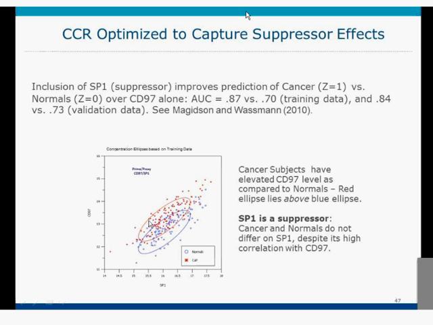So even though you don't know what the value of CD97 was before they got cancer, SP1 is used as a predictor of the previous value of CD97 before they got cancer and used to suppress that irrelevant information out, thus converting from just prediction by CD97 to prediction of predicted change in CD97.